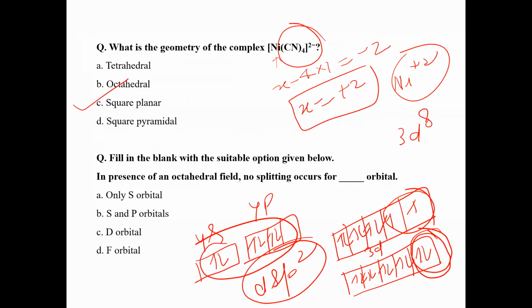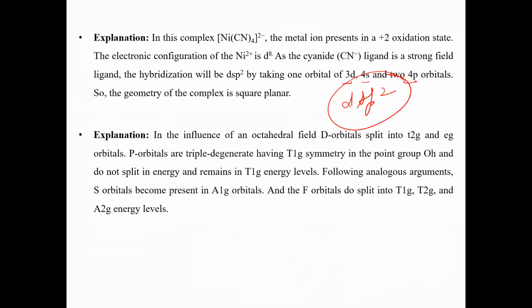And the next one: in the presence of an octahedral field, no splitting occurs for which orbitals? In the theory class, you have already studied that s and p orbitals are not split in an octahedral field, but only d orbitals are split into a doublet and a triplet state, right?